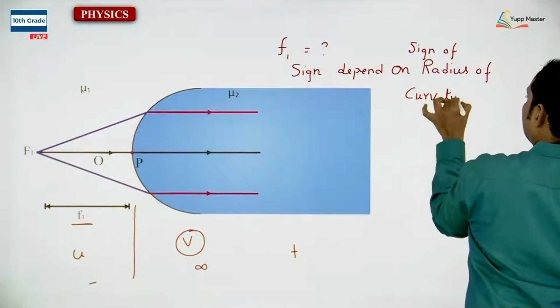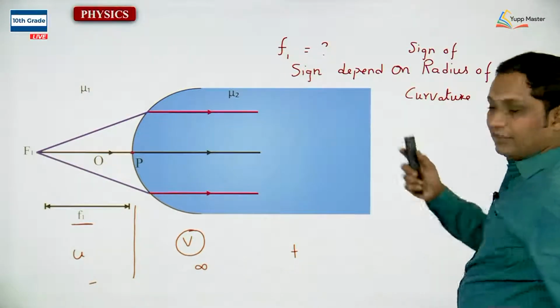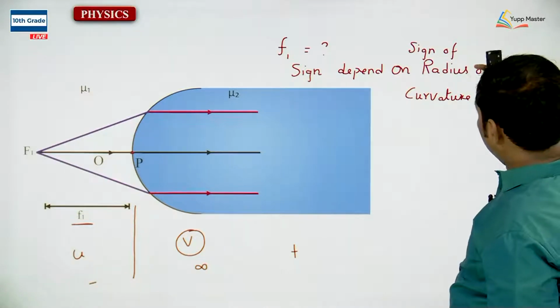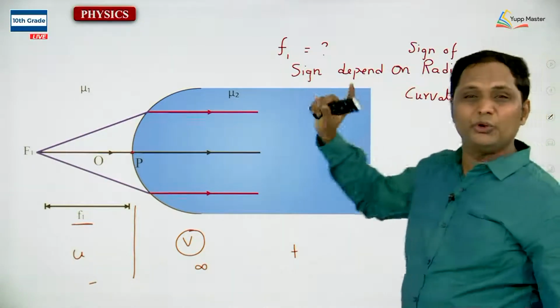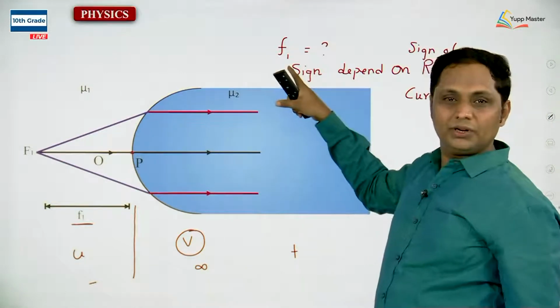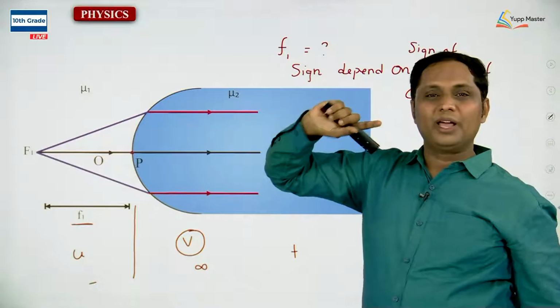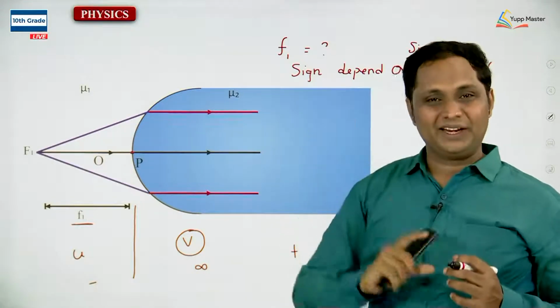The radius of curvature is going to be positive and sometimes negative. We are going to obtain the relation.